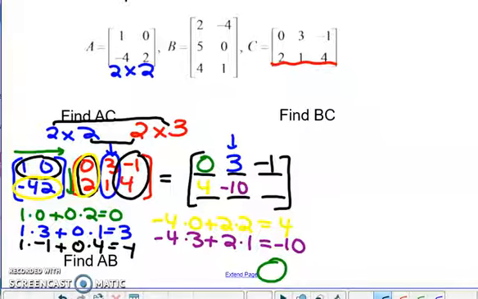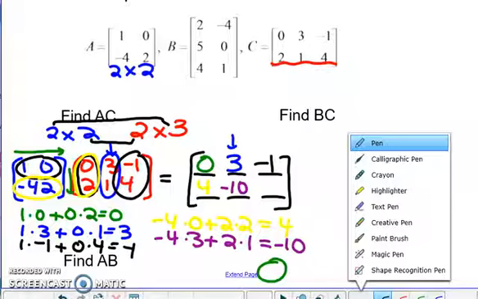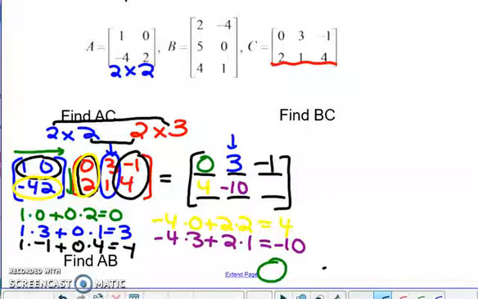And if I go to the bottom row, right column, I get -4 times -1 plus 2 times 4, which is 4 plus 8, which is 12. That's it. So that's the hardest part.